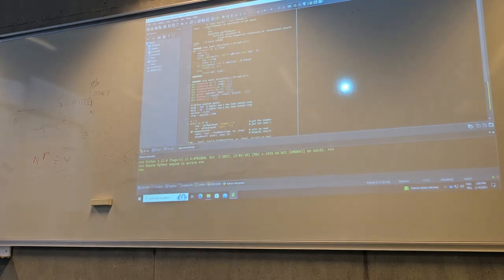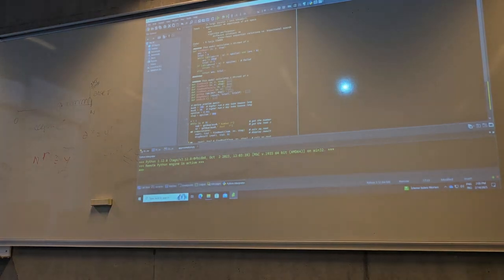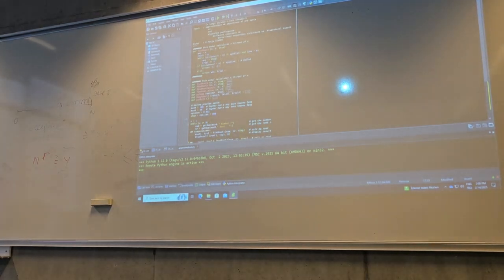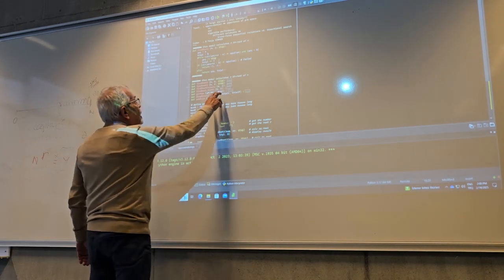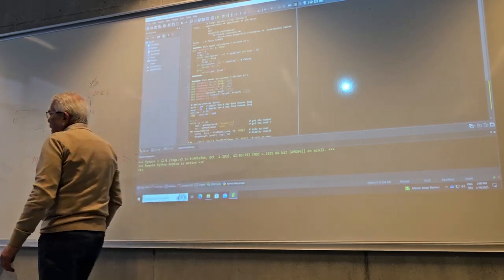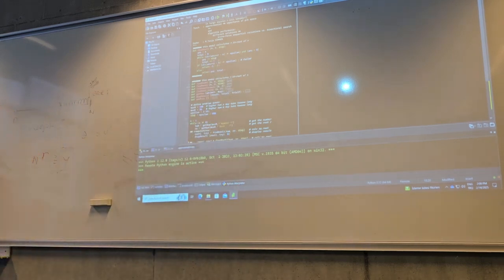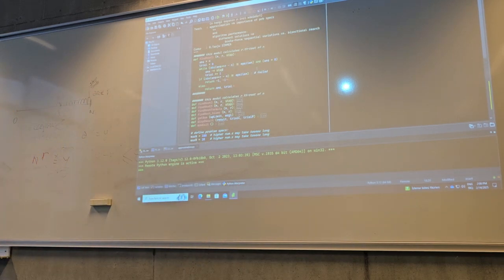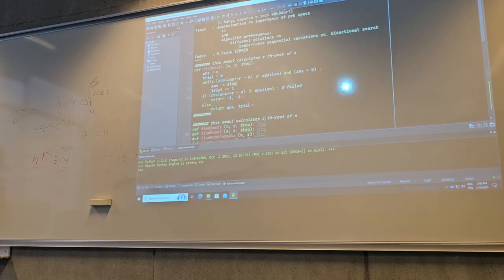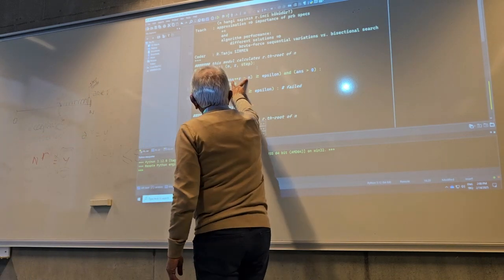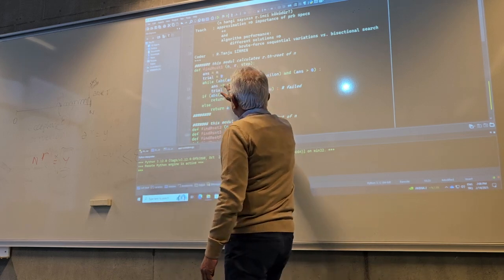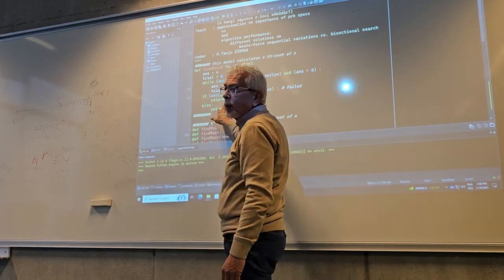Otherwise, I go back and decrement the answer by step, whatever the step is. Decrement and decrement, trying until I get that close. If I get that close, I just return it.